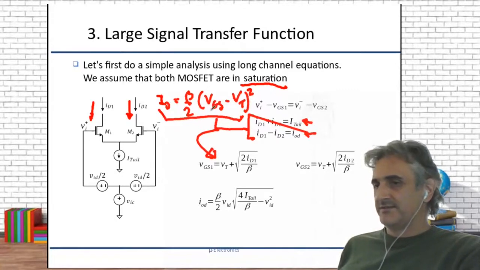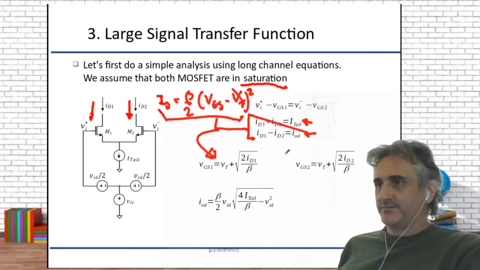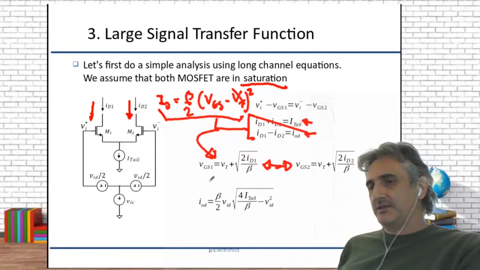This equation is just solving for the current, the long channel equation, and this stands for both transistors. Okay, and then, if you wish, I can leave that for you for homework.